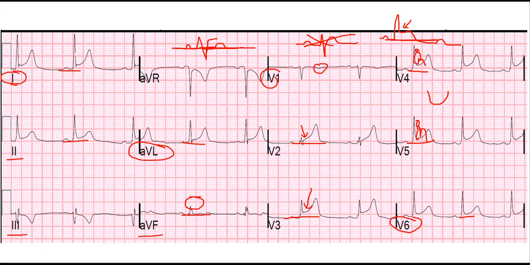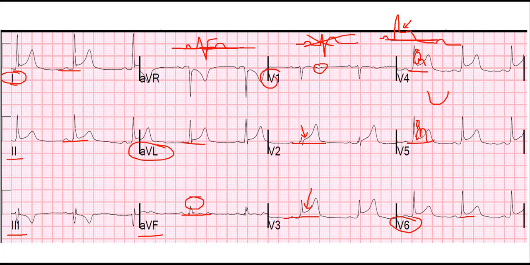If there is ST elevation in V2, V3, V4 or anterior leads, ideally we should get either a normal lead 2-3 AVF, or at most we can also get a ST depression in lead 2-3 AVF. So this is called reciprocal ST depression in anterior myocardial infarction. That's the best way to differentiate between acute pericarditis and acute myocardial infarction.